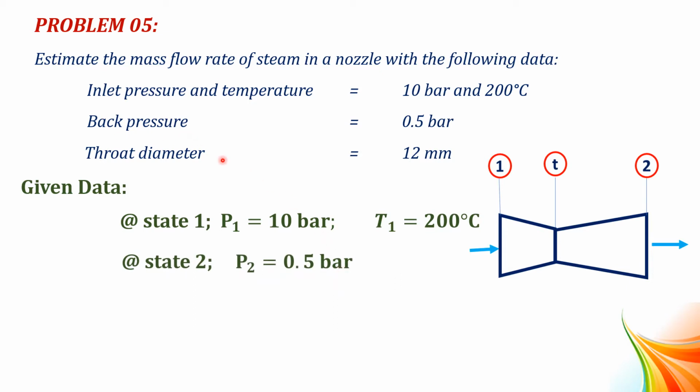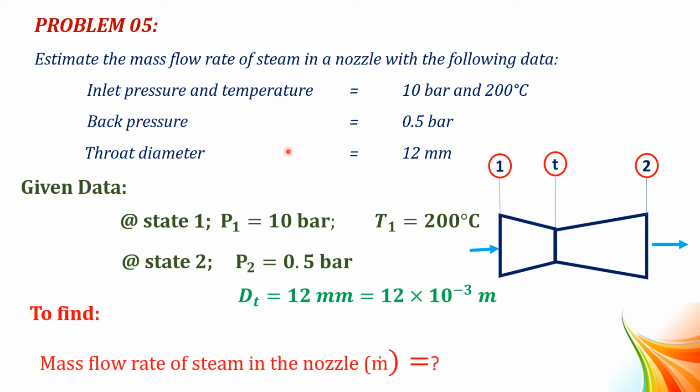Back pressure or exit pressure equal to 0.5 bar. Throat diameter dt 12 millimeter. So we have to convert to meters: 12 into 10 to the power minus 3 meters. Then estimate the mass flow rate of steam. So we have to estimate the mass flow rate of steam in the nozzle, m dot.